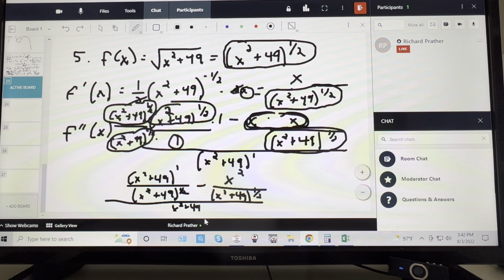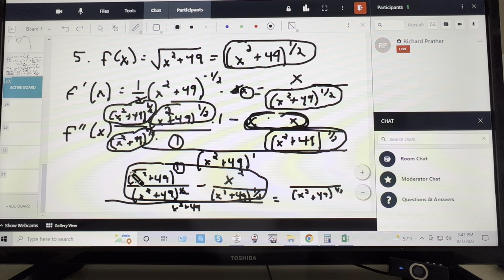So then when you come all into one common denominator for the numerator part, there'll be a common denominator of x squared plus 49 to the 1/2 power in the bottom of the top, when I'm combining these two fractions together. And because this is first power, you don't really need the parentheses. And this x squared minus this x squared, that cancels out. That's how the x squared goes away.